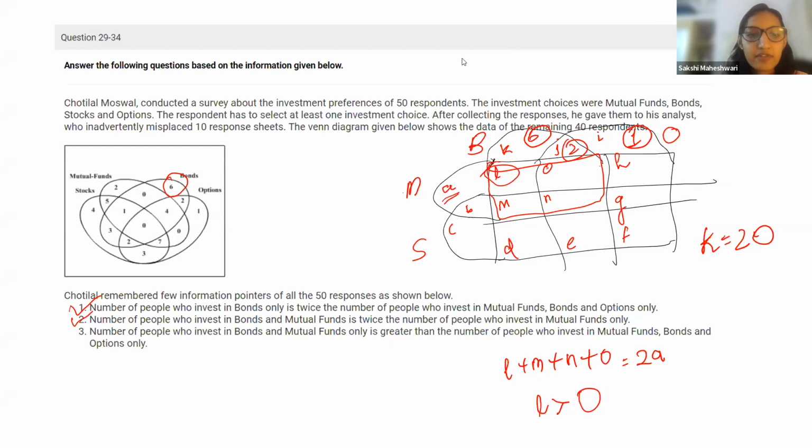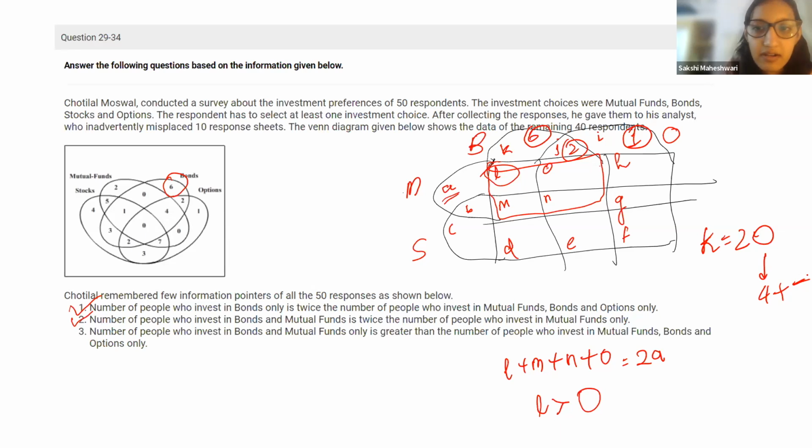When we look at the 40 responses, O is bonds, options and mutual funds only. When we look into this, we get this value as 4. So this O value is 4, and K is 4 plus something, since we don't have the data for the remaining 10 respondents.